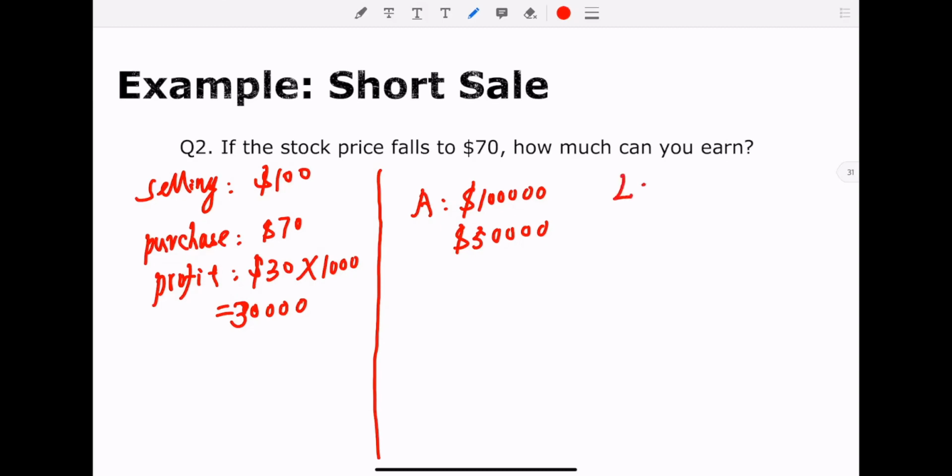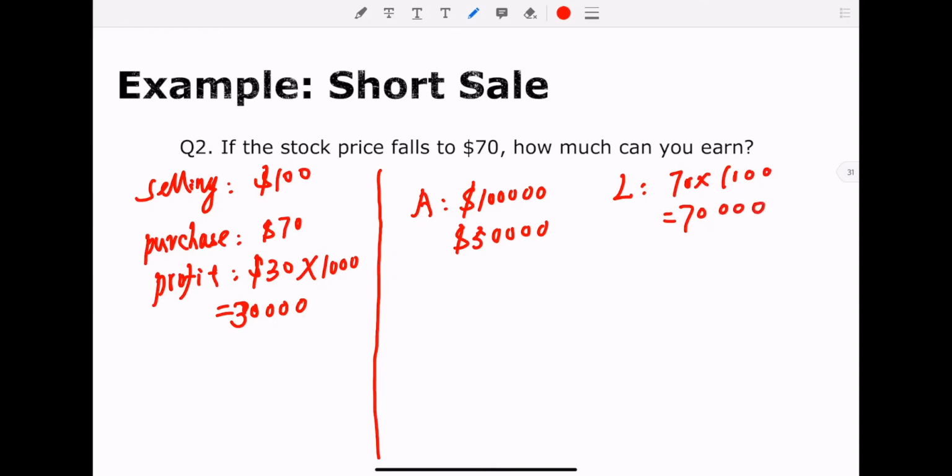Now, what is your liability? Well, the liability is the value of your borrowed stocks. You have borrowed 1,000 shares, and now the per share value is 70. So your liability is really 70 times 1,000, which is $70,000.